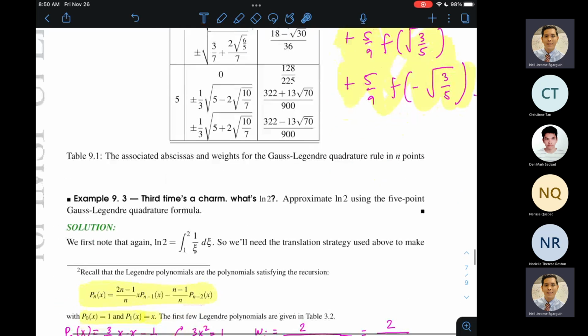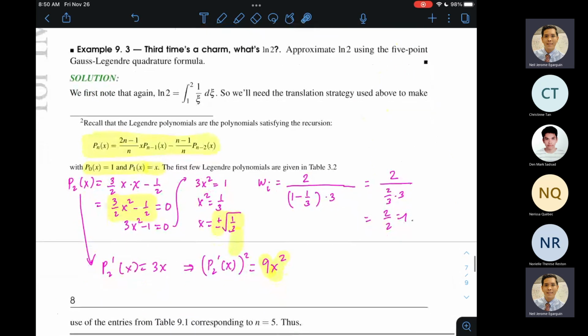Example 9.3. This is the third time that we will approximate the value of ln2 using a quadrature formula. This time we'll be using the 5-point Gauss Legendre quadrature formula. Okay. So again, we know that ln2 is equal to the integral of 1 over c dc from 1 to 2. So we'll use the 5-point Gauss Legendre formula. Okay.